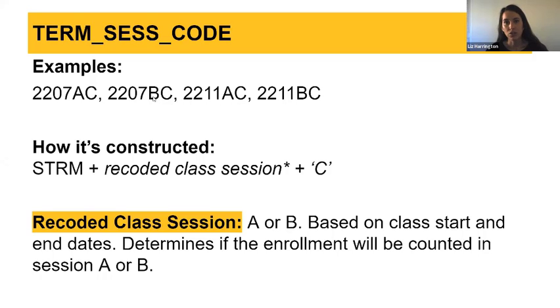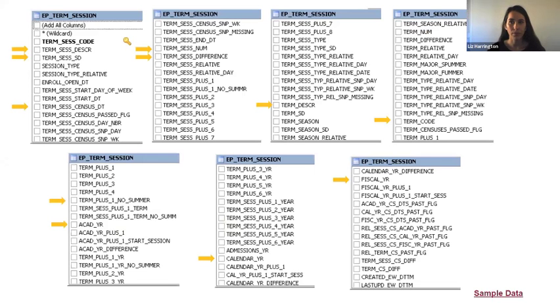So we do have a table and a view. The table is EP term session. The view is EP term view, which contains only the term-based fields of EP term session.